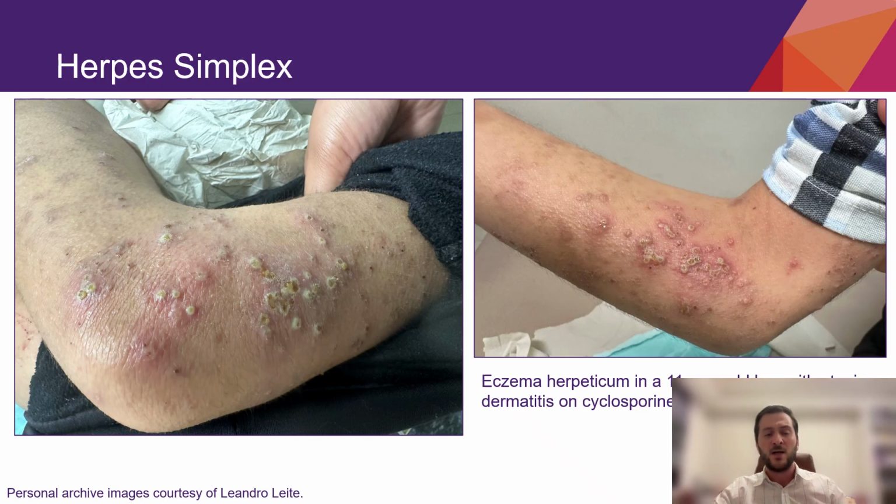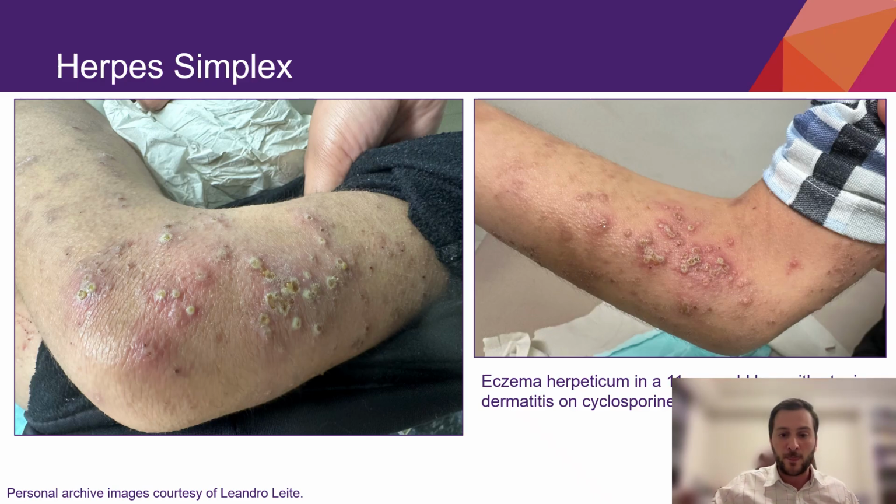So yes, it can mimic GPP, but again, in a different scenario. A patient with atopic dermatitis that started cyclosporine and then developed these painful lesions.